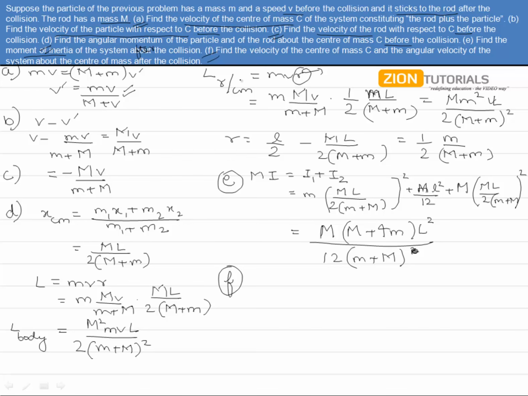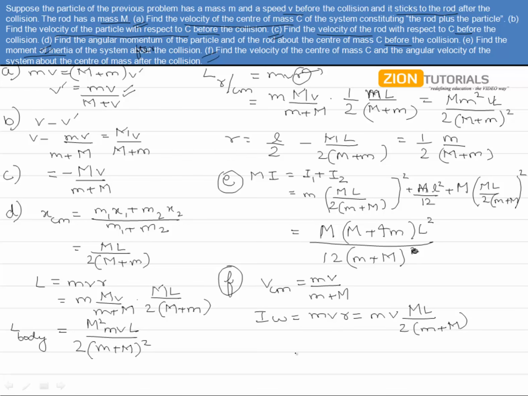Proceeding to the last part of this question, in which we need to find the velocity of the center of mass C and the angular velocity of the system about the center of mass after collision. Now we are having the velocity of center of mass to be mv upon m plus M. Yes, we are having I omega, that is the angular momentum, being mvr equals to mv into r, where r is ML over twice of m plus M, right?